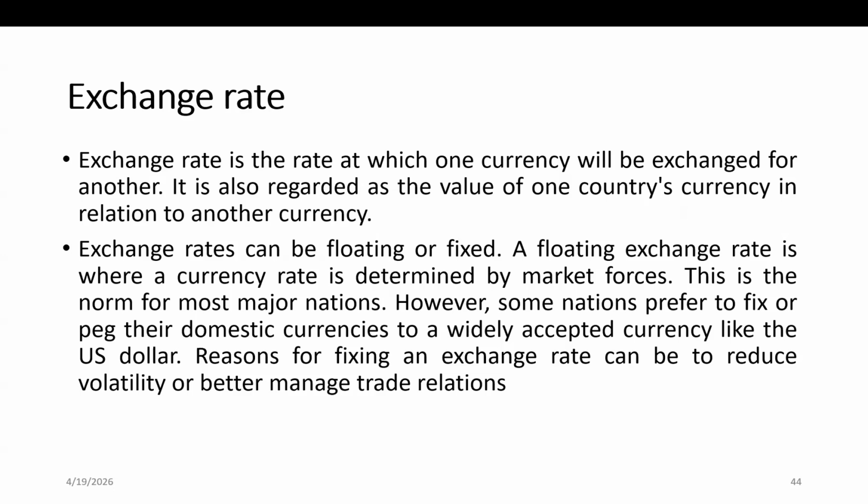However, some nations prefer to fix or peg their domestic currencies to a widely accepted currency like the US dollar. Reasons for fixing the exchange rate can be to reduce volatility or better manage trade relations. Right, so that is all about the exchange rate.